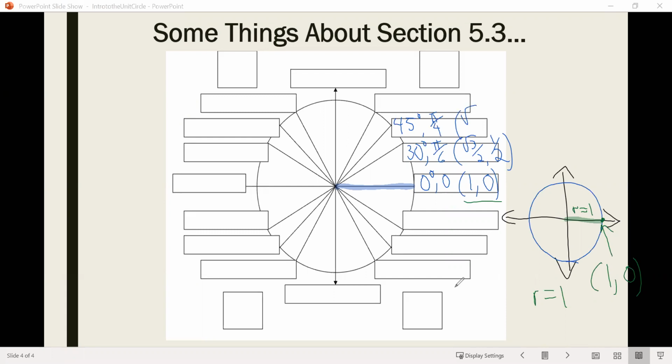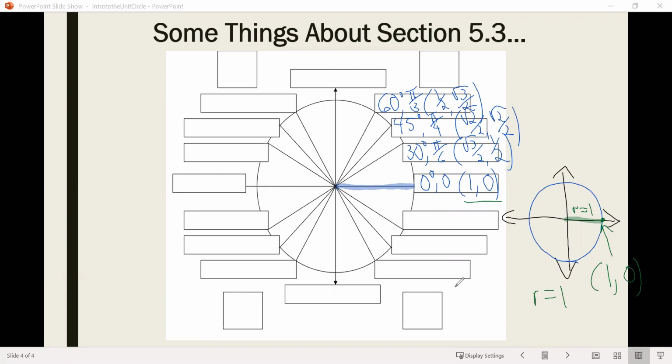And we saw again that the cosine there was root 2 over 2. Sine was root 2 over 2 as well. And then for 60 degrees, that was the next one. The radian measure there is pi over 3. And then the cosine and the sine are 1/2 and root 3 over 2.